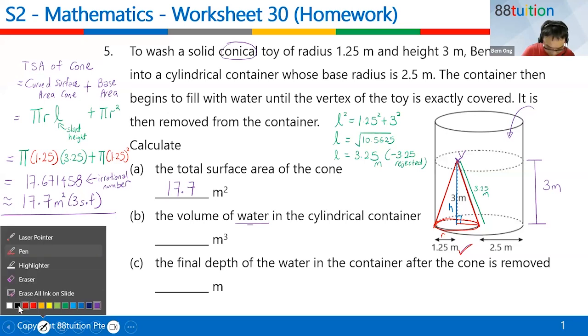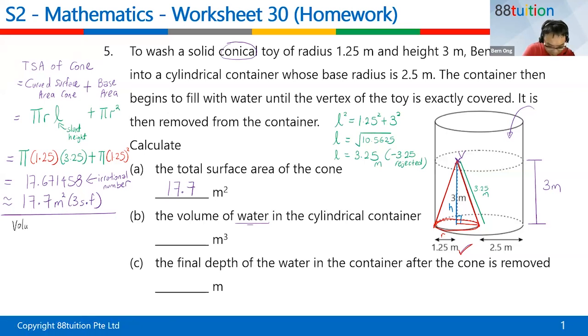So we can say the volume of cylinder is equal to, what's the volume of cylinder? Yes, it's the base area, pi r squared, times height. So pi, we are using the calculator's pi. The radius, be careful, we are using the cylinder container, which is 2.5 meter.